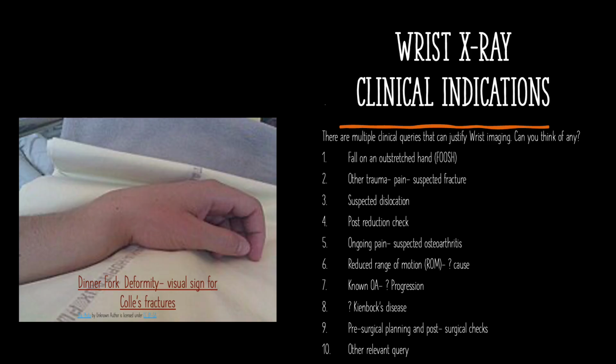We have other trauma, pain and suspected fracture, suspected dislocation, any post-reduction checks, ongoing pain, and maybe suspected osteoarthritis, reduced range of movement around the wrist and query cause, known osteoarthritis or OA and query progression, query Kienbock's disease, which is avascular necrosis of the lunate, pre-surgical planning and post-surgical checks, and any other relevant query.